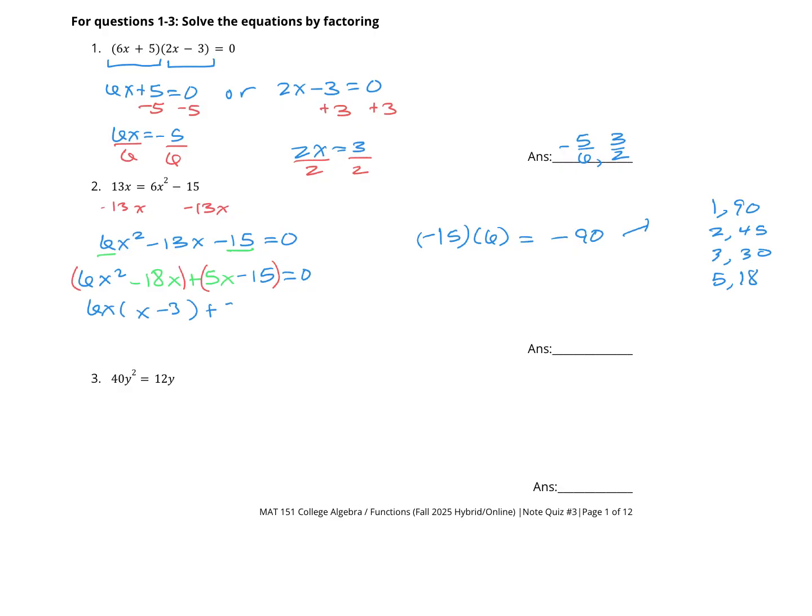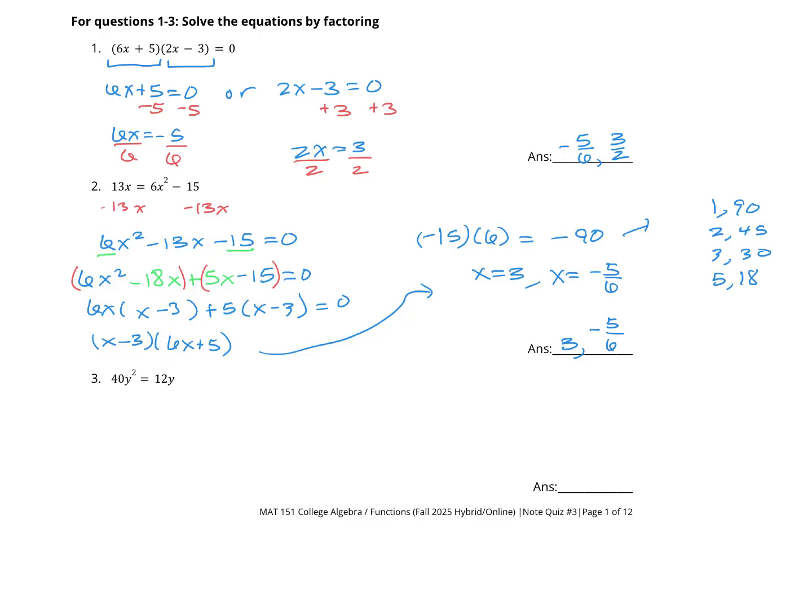In the second, we can take out a 5, which leaves us with x minus 3. Take out the common x minus 3, which leaves us with 6x plus 5. So for this equation, we've got either x is equal to 3 or x is equal to negative 5/6. So 3 or negative 5/6 are the two solutions.